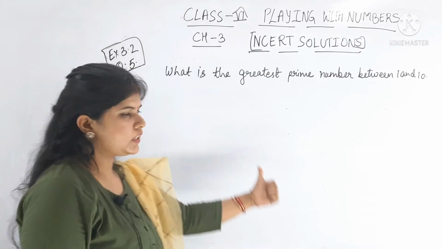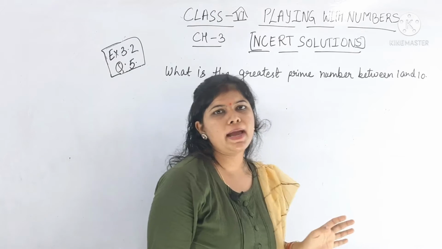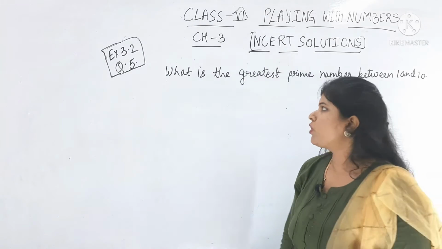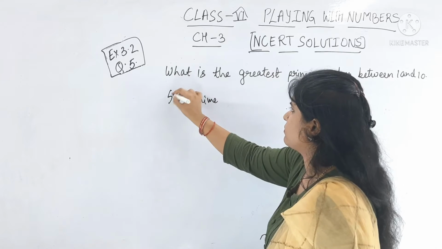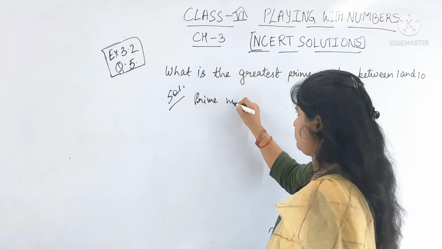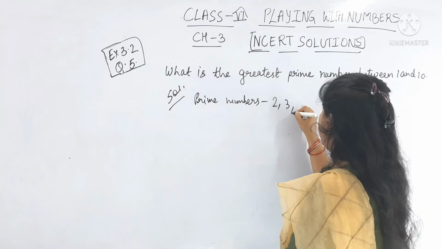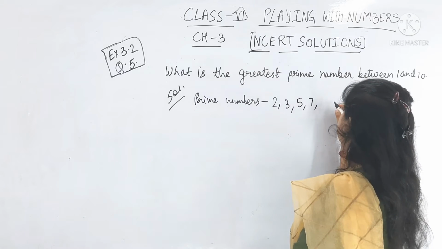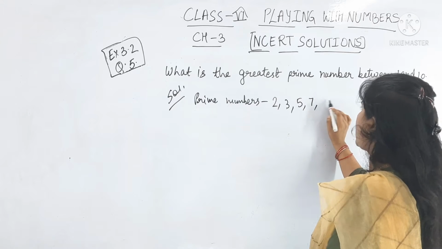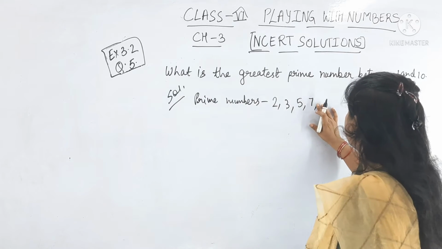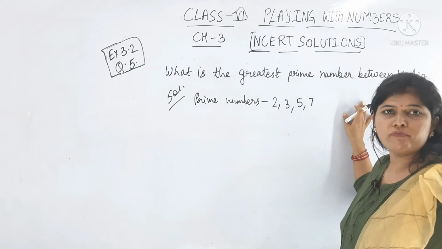Okay students, let's see question number 5. What is the question? What is the greatest prime number between 1 and 10? So we know the prime numbers are 2, 3, 5, 7; 8, 9, 10 are not prime. So these are the prime numbers between 1 and 10.